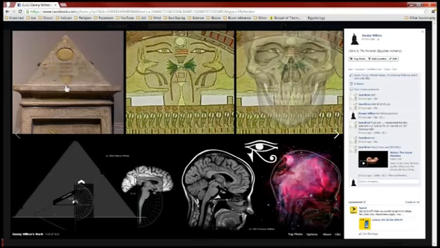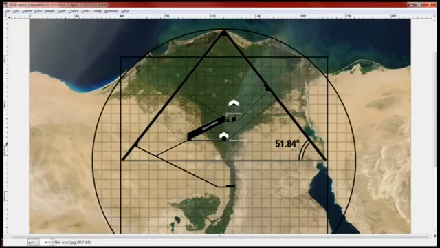And the base of the pyramid that we placed, according to that diagram, belongs right where the actual pyramids are themselves.